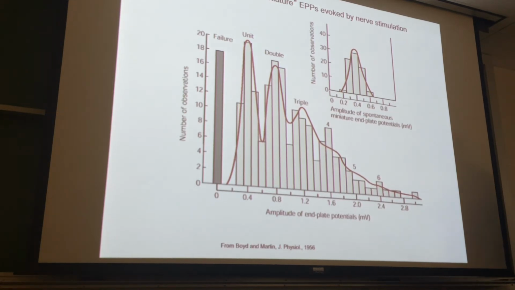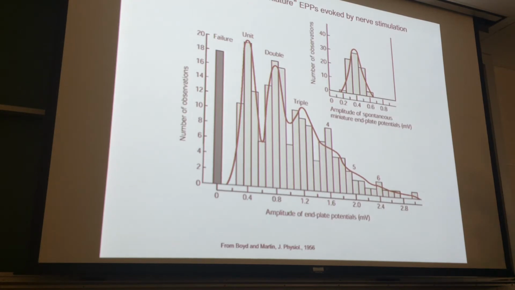summed quantum events. So the idea is that this is a basic unit now, and the hypothesis was that the big thing that you got was built up from all of them. There was a lot of other work to show that that's indeed true. And we now know that this is the building block of synaptic transmission, that it's each vesicle fusing, and then as they add together, that produces the extent of neurotransmitter you get into the cleft.